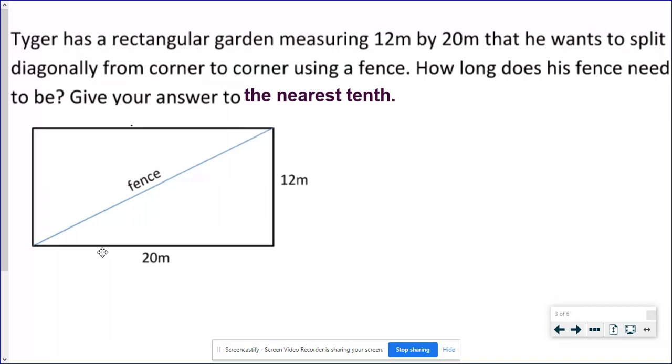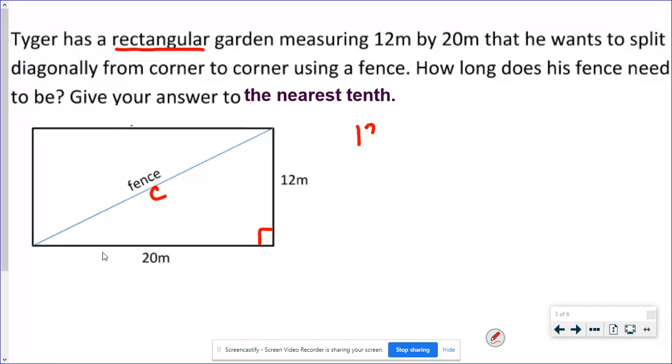So yeah, it starts with a rectangle, and it does say that it's a rectangular garden, which means I do have a right angle. Remember, we can only do this if we've got right triangles. So the 12 and the 20 are my a and b, and the fence is again going to be my hypotenuse, the c.